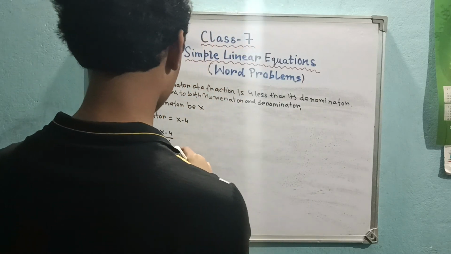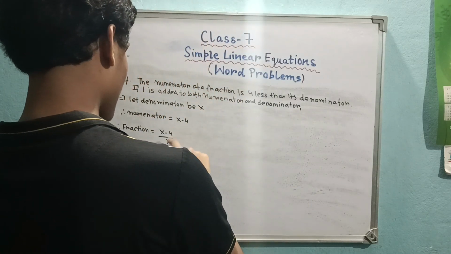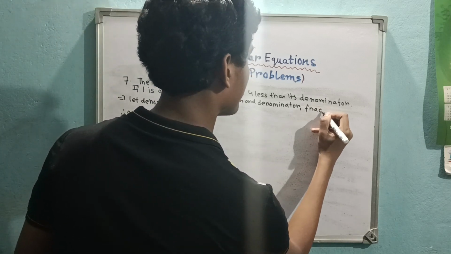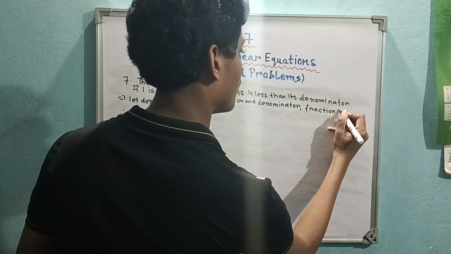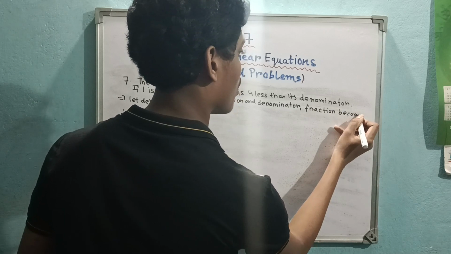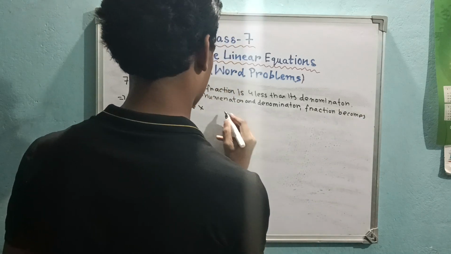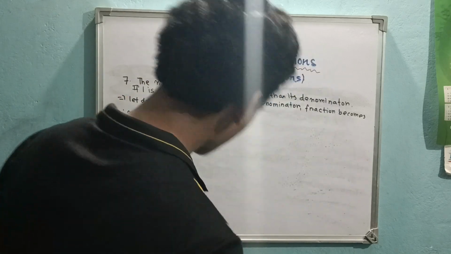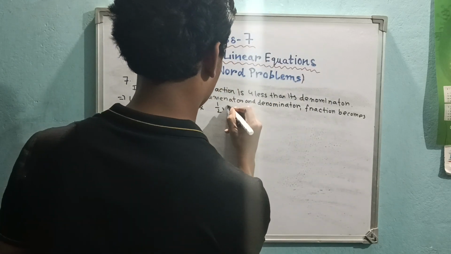Means this will become 1 by 2 if I add plus 1 to both the numerator and the denominator. Okay, we will be coming to that. Find the original fraction.